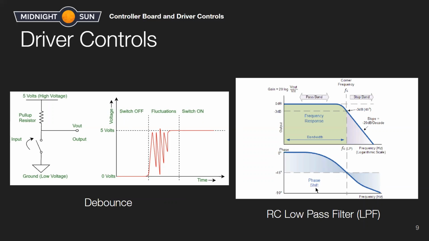So having the resistor capacitor configuration in a certain way will allow only frequencies up to a certain point to pass through with a low pass filter, and high frequency components like this would not be able to pass. We'll go through the RC filters we're using, but that's the essential idea.